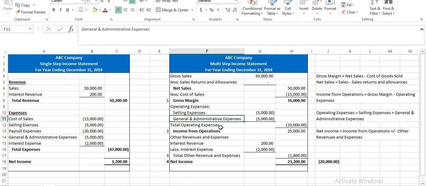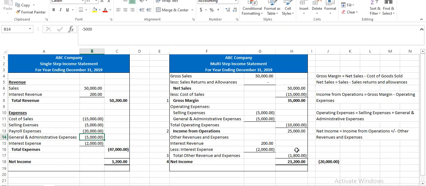So that means that my general and administrative expenses should not be $5,000, but it should actually be more. Which pretty much makes sense because, for a whole year, you only have $5,000 worth of general and administrative expenses. It's kind of low because, like I said, payroll normally falls under the general and administrative expenses.